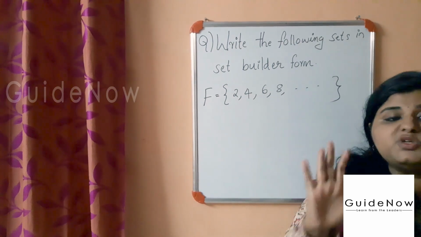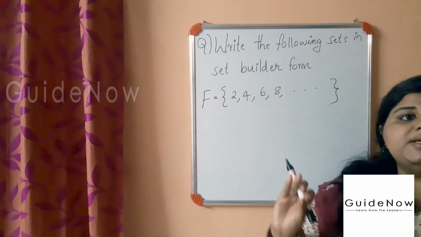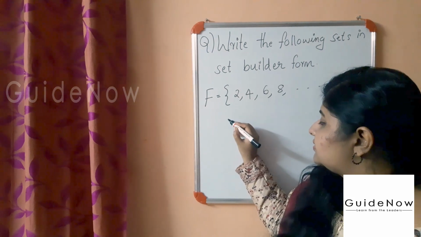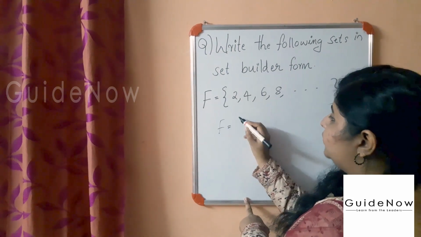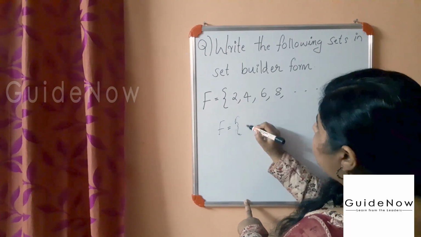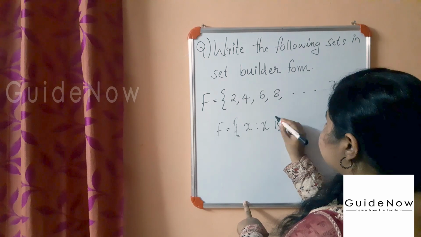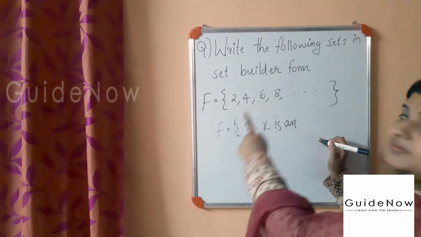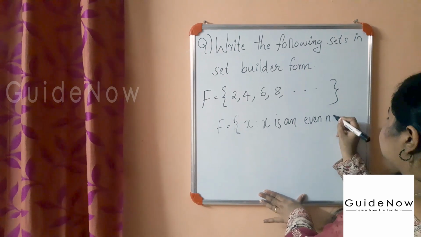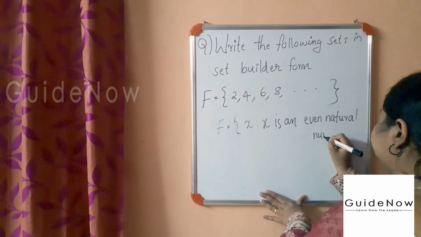So since it goes up to infinity, no need to write the condition, only write what it is: an even natural number. So set F is equal to X such that X is an even natural number.